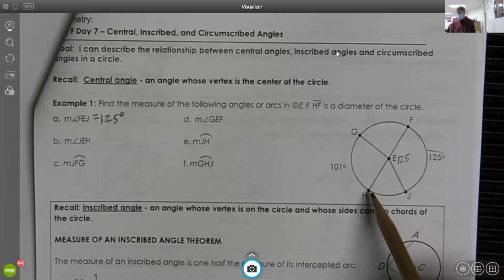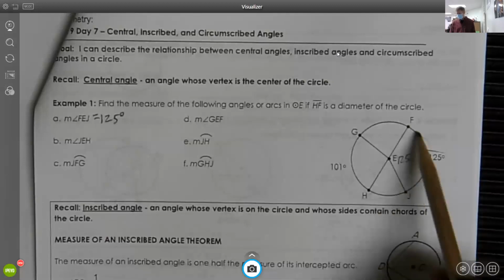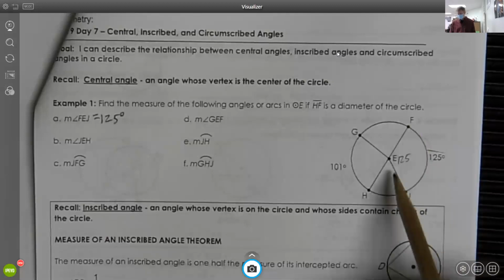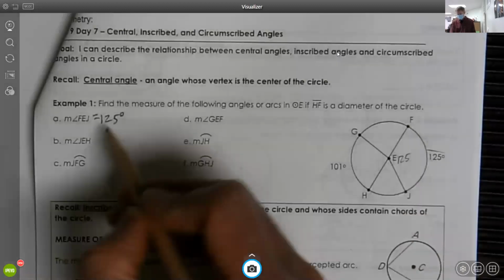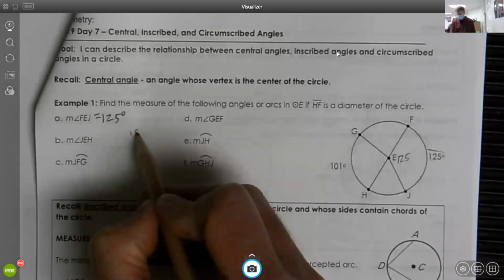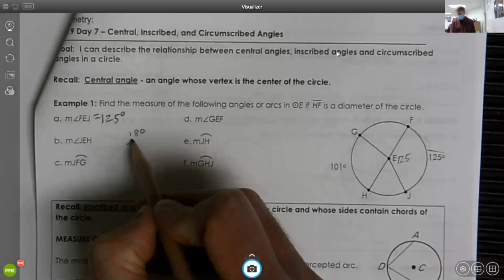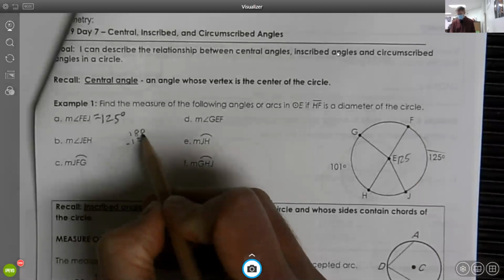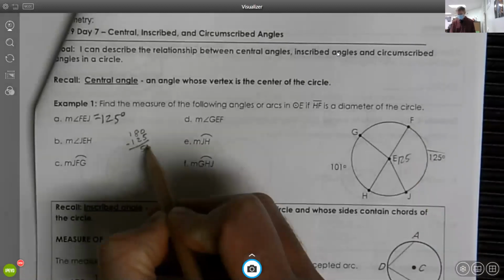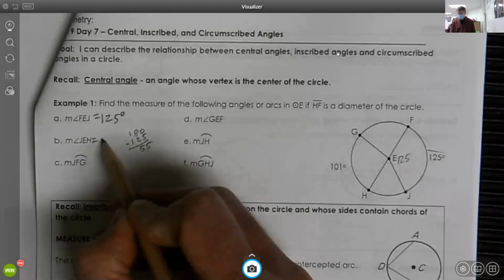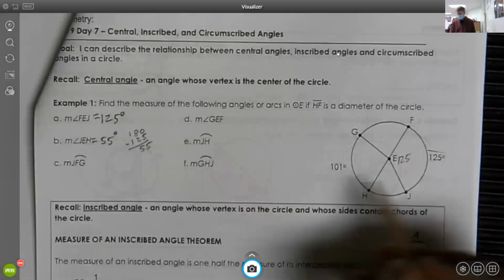Since HF is a diameter, we know that it's 180 total. So 180 minus 125 should equal 55. So that would be 55 degrees.